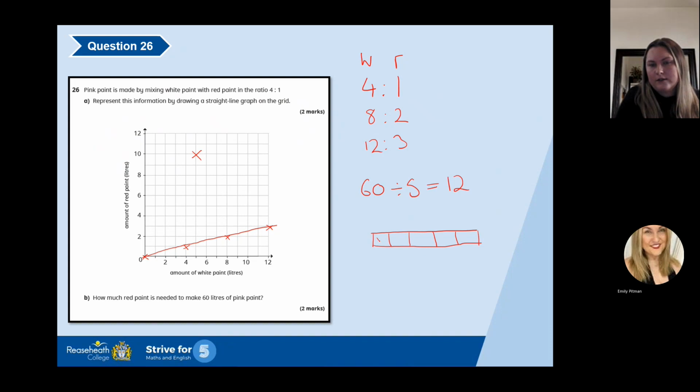So they'll be my white, and then that will be my red. So I've got the 4 and the 1, which shows me I need to divide by 5. So I need to get 60 into this equally. So I'd have 12, 12, 12, 12, and 12. And I want how much red paint is needed to make 60 litres. So it would be 12 litres.